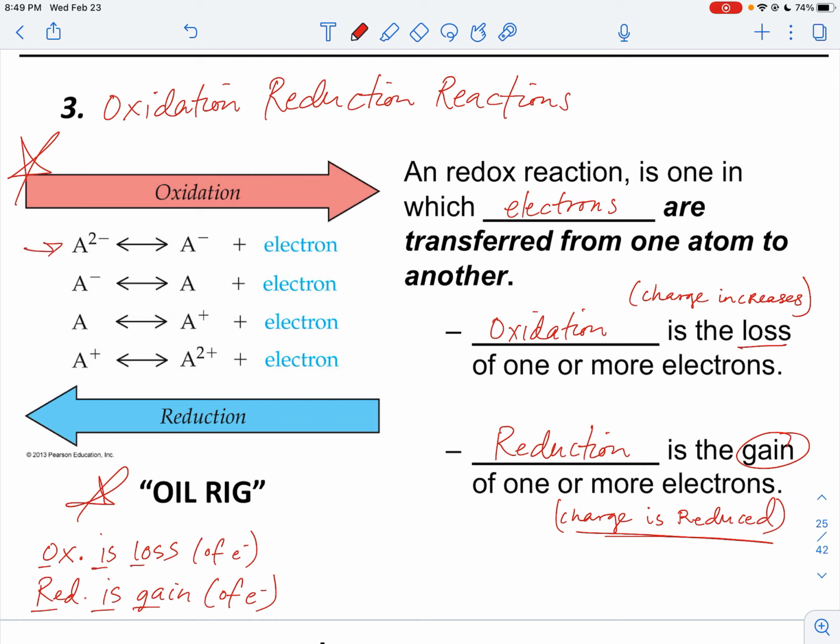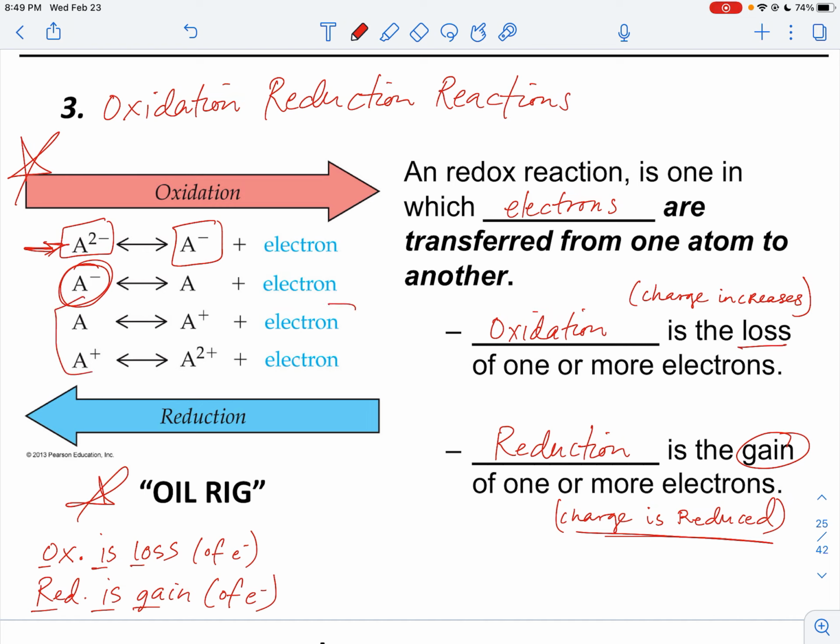So, for example, look at this first top row in the figure. If we have something that is a -2 and it gives away an electron, it would become a -1. This is oxidation. If we had something that started out as a -1 and it gives away an electron and it becomes neutral, it becomes 0 charged, that's also oxidation.